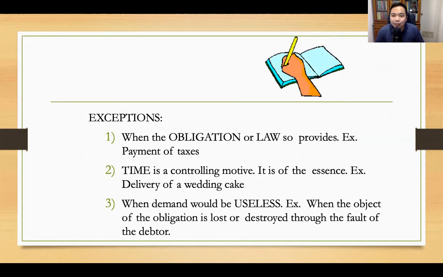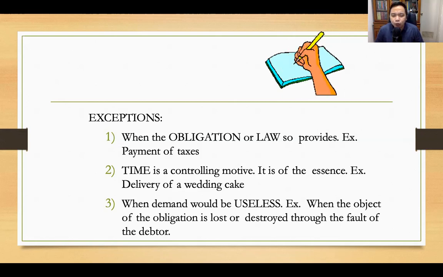And then, class, come October 1, their dress is not yet done. So the parties do not need to send a demand letter for you to be in delay. You are automatically in delay, because time is the controlling motive. Time is of the essence. That is why it was commissioned from you, because of the occasion. So if you do not perform the obligation, you are automatically in delay.